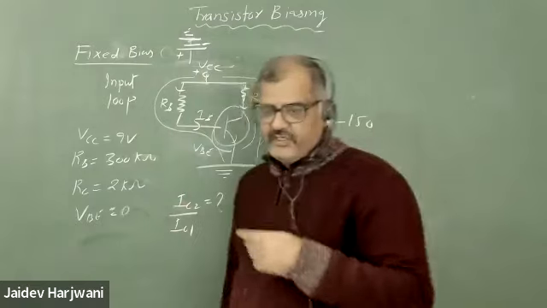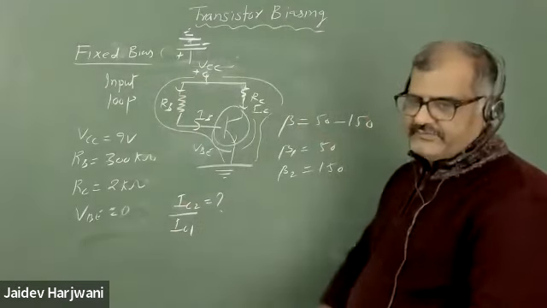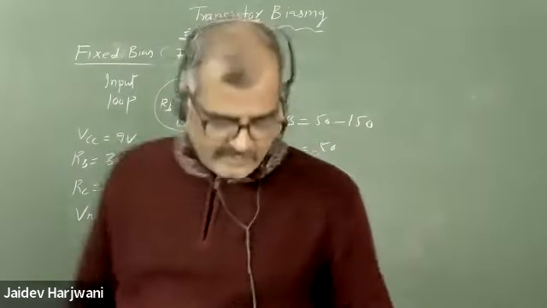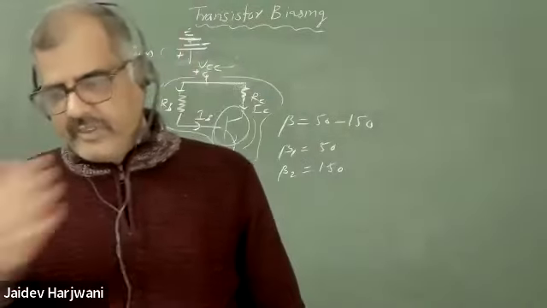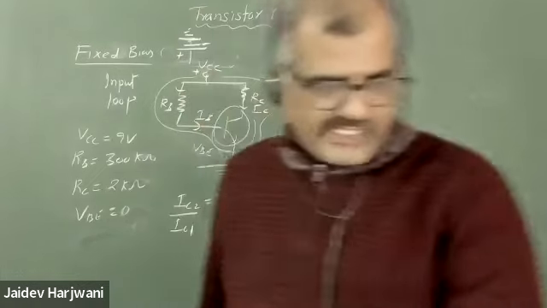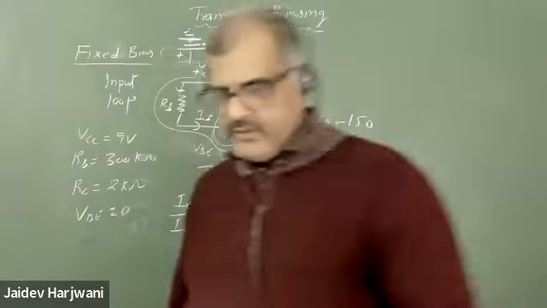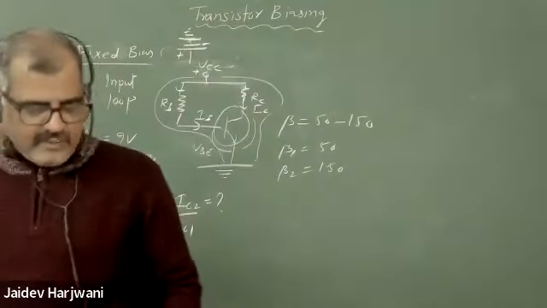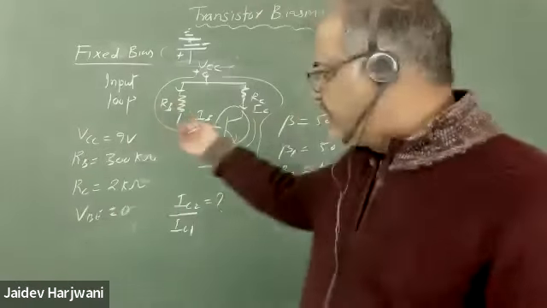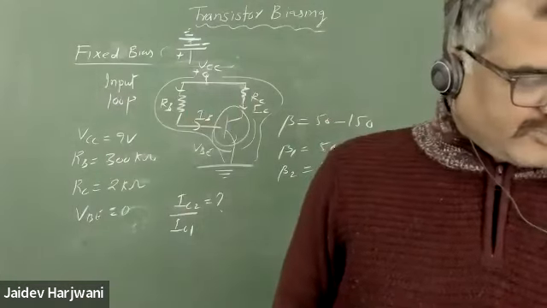Obviously when you increase the beta from 50 to 150, things change dramatically, and your transistor goes from active to saturation region. Just check it, calculate and tell me the values and operating point for these two cases. One case beta equals 50, other case beta equals 150. Other things are same.